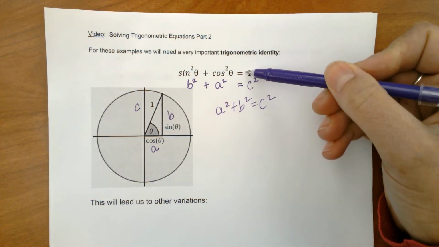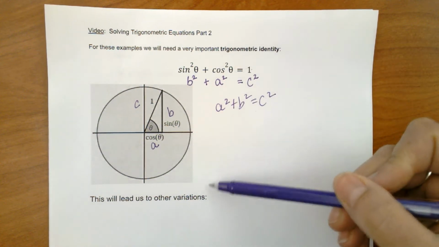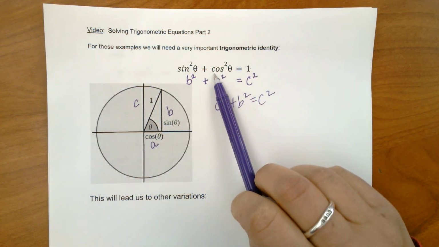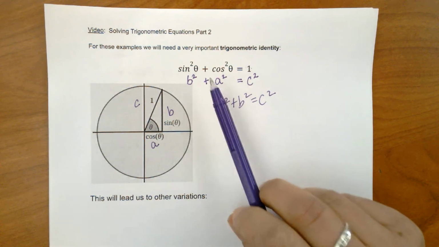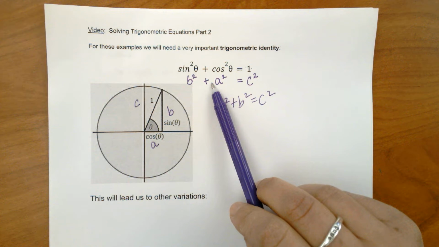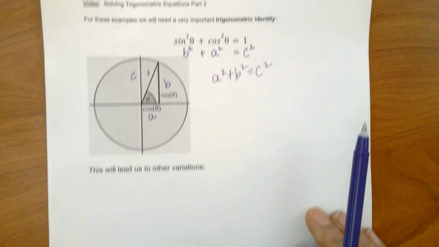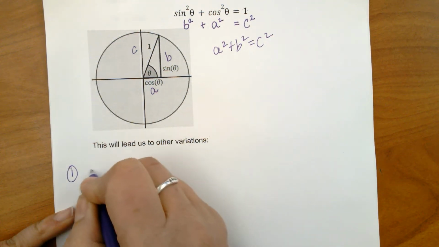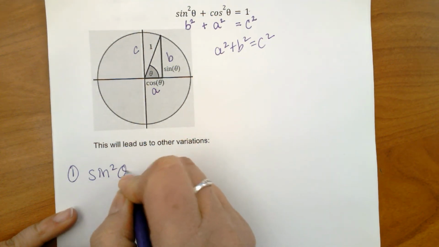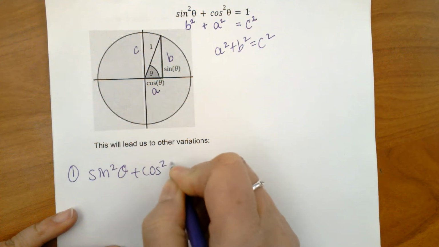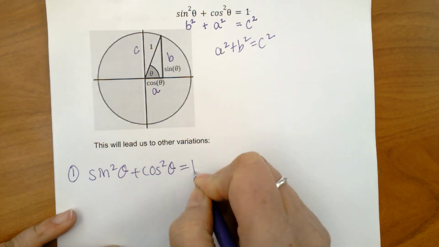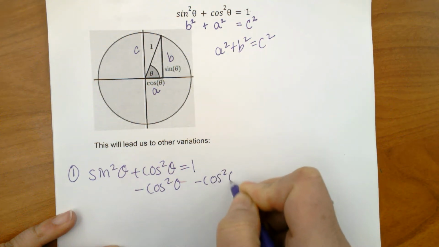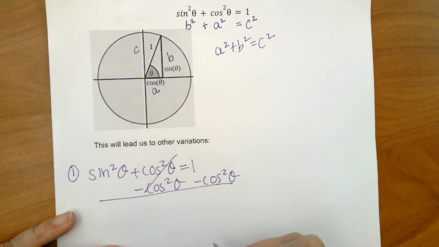Now this identity is going to lead us to other variations. So really you only have to remember the Pythagorean theorem, because then it can get you to sine squared theta plus cosine squared theta equals 1, which will get you to these other variations. The first variation that you could have is to subtract out cosine squared theta to bring it over to the other side of the equal sign.